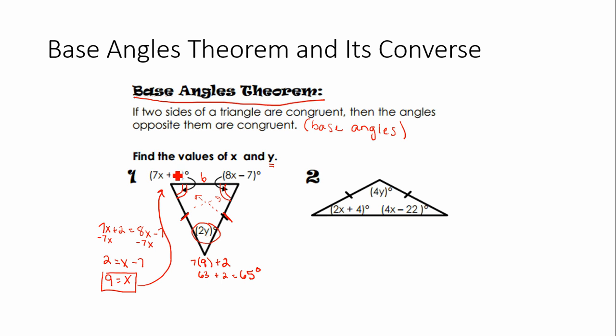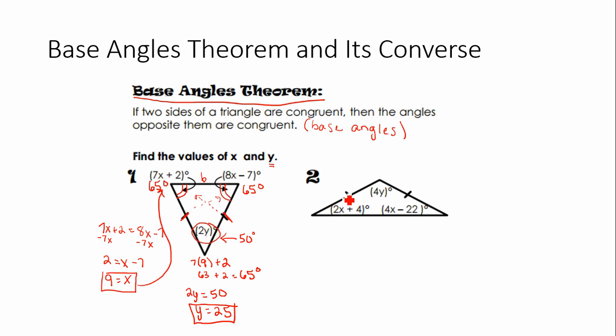So each of the base angles are 65 degrees. 65, 65. Together that makes 130. So that means 2y right here, this angle, has to be 50 degrees because that's what's left over from my 180 degrees in my triangle. So I'd set 2y equal to 50 and the y becomes 25.